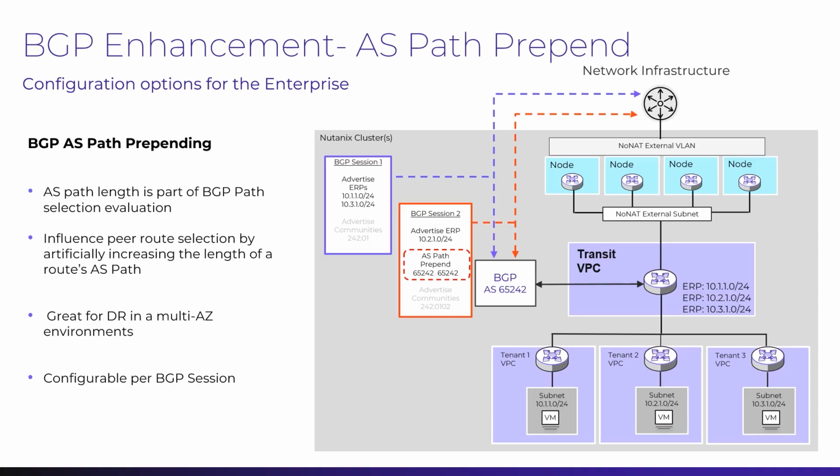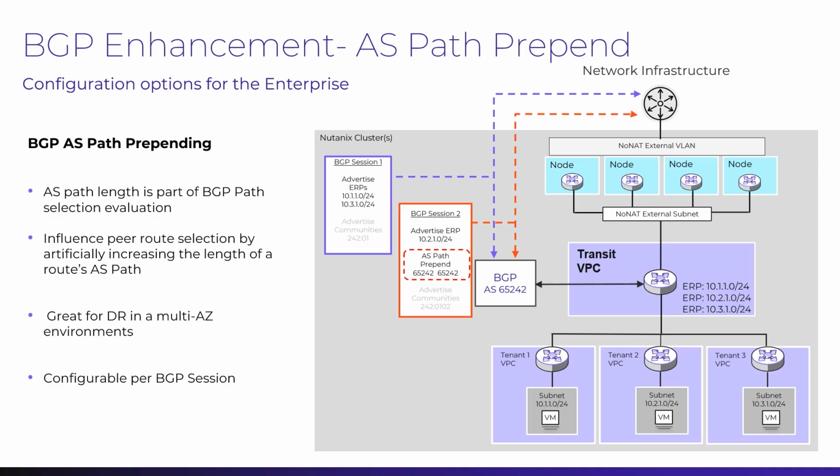With AS path prepending, we can influence routing by artificially increasing the length of an AS path. This is done by adding your autonomous system number, your ASN, multiple times to the beginning of the AS path attribute. Because this increases the AS path length, this route would be less preferred.